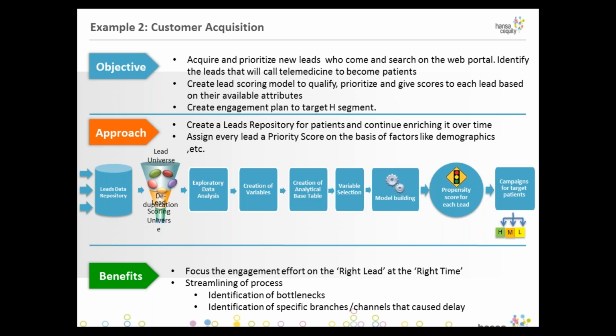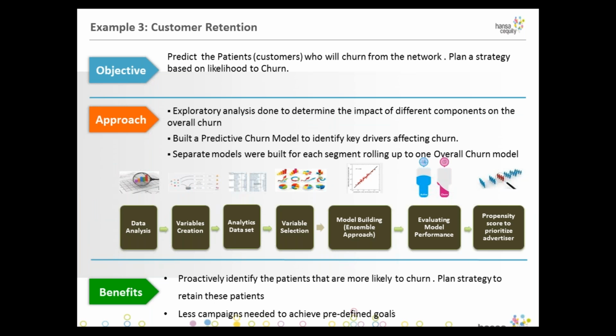Therefore, get your analytical base table ready, and then do feature engineering or variable selection, build the models, and then once your model output is ready, score your leads, and then classify them into, let's say, high, medium, low probability of conversion. And the benefits are obvious. It allows you to make the best use of your resources, and increase your chances of better conversions.